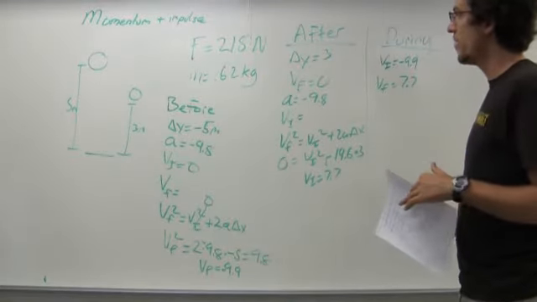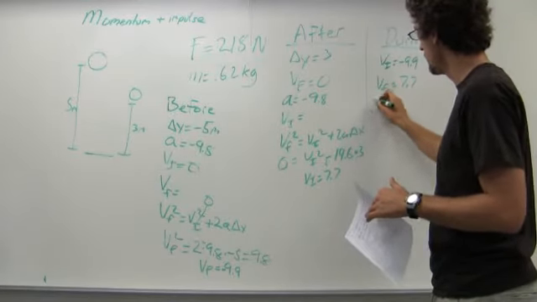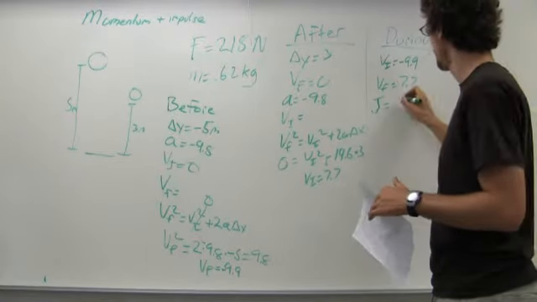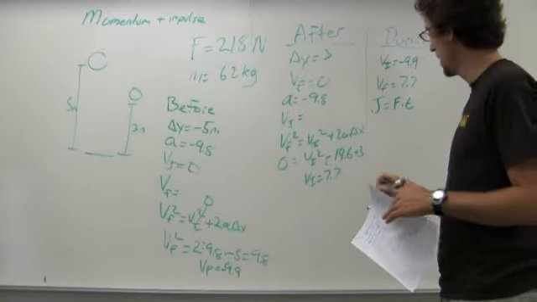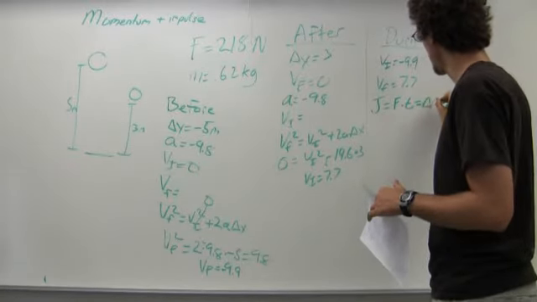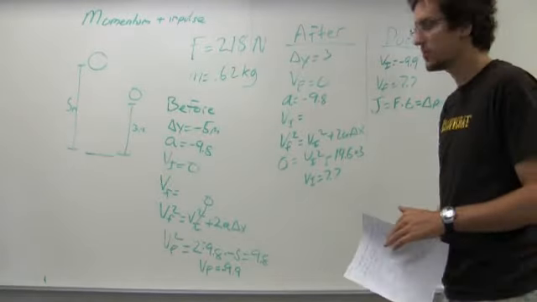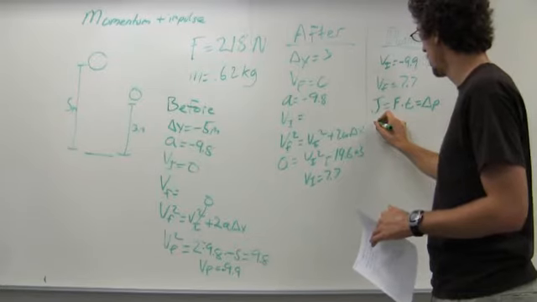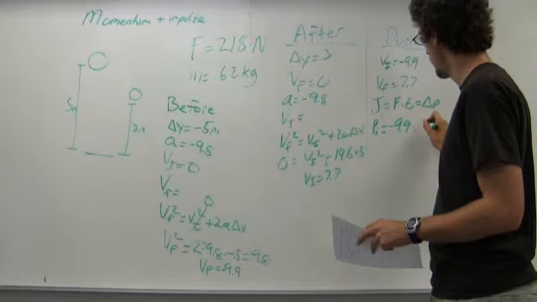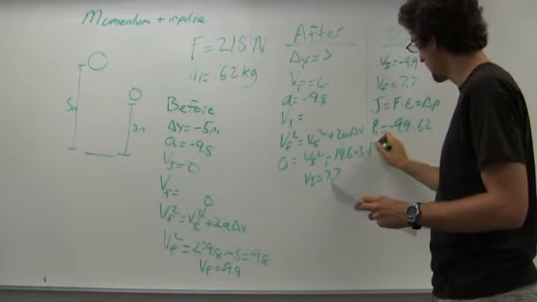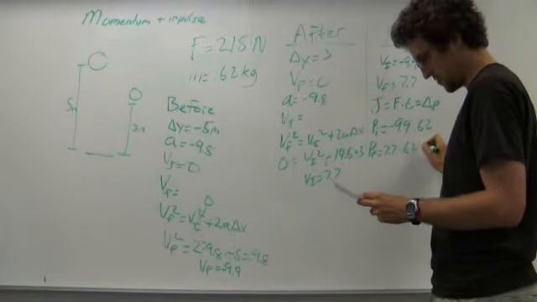Now, if we want to know time, we have to figure out the impulse. Because impulse is equal to force times time. Impulse is also equal to the change in momentum. So we can find the change in momentum, we can find the time because we've got the force. So, momentum initial is going to be -9.9 times 0.62, and momentum final is going to be 7.7 times 0.62.